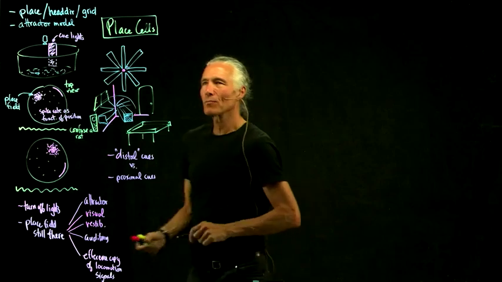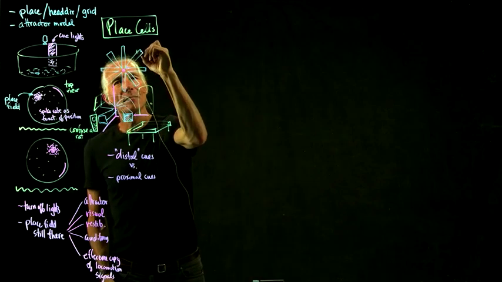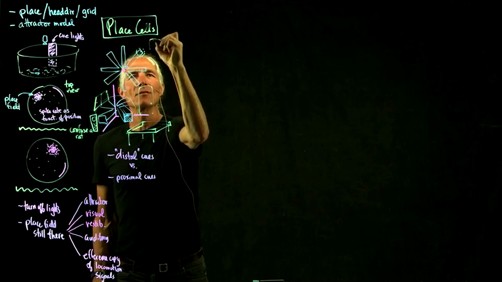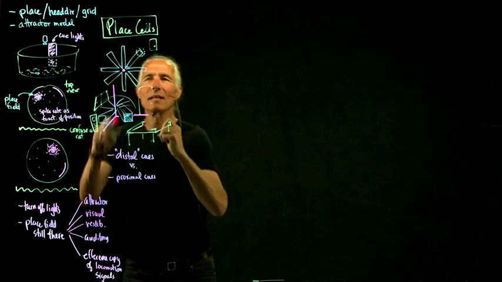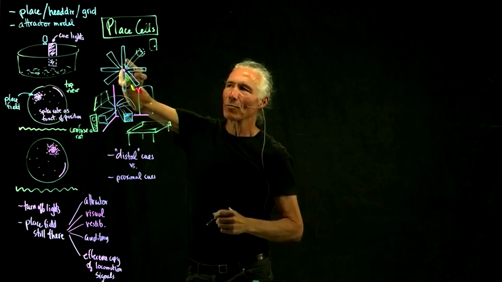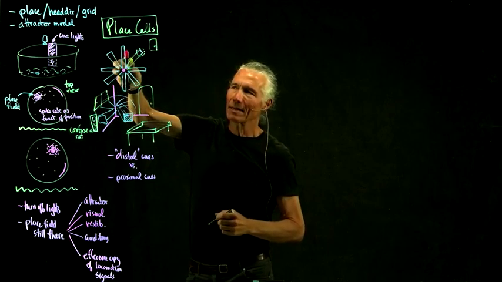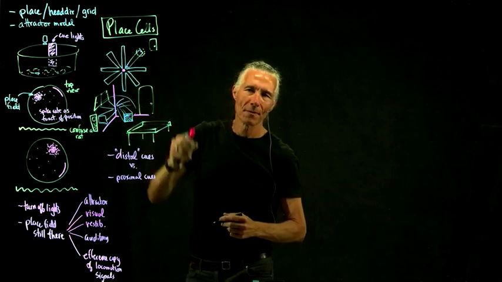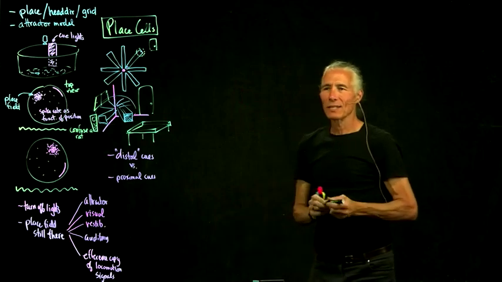Well, the place field will essentially be defined by what it's close to. So if the place field was in this arm, and then we rotated the maze, the place field will be in whatever arm is near the door. So that's the idea of a distal cue.